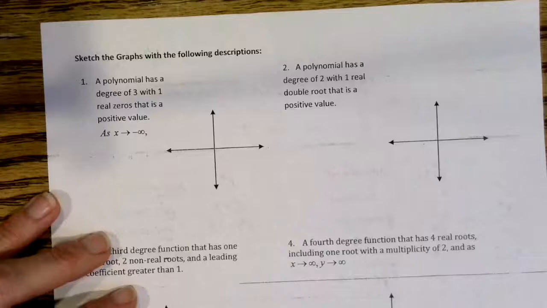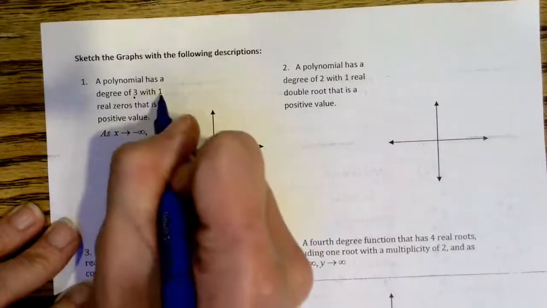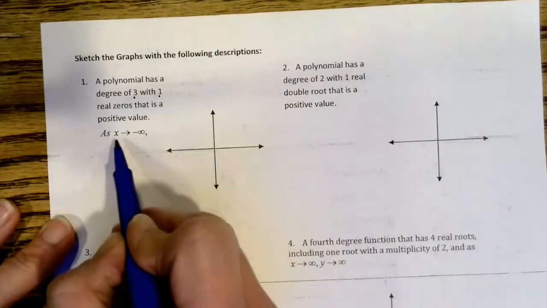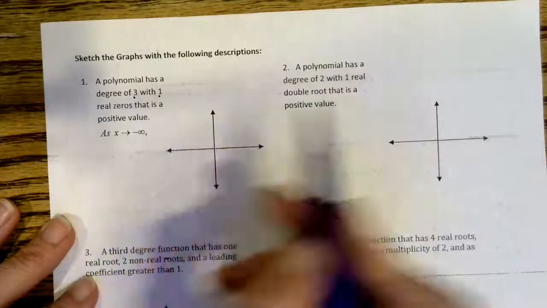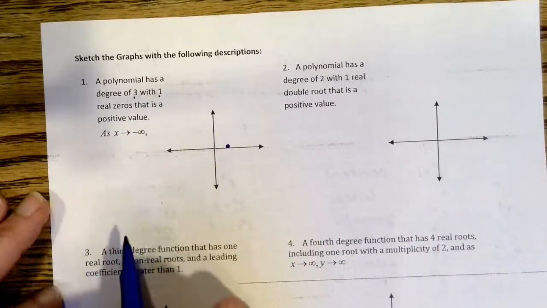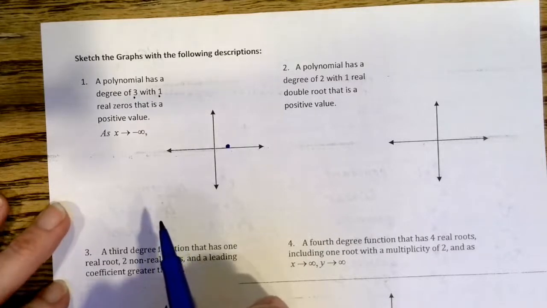All right, let's check out the back. I love these sketching ones. A polynomial which just has a degree of 3 and 1 real zero that has a positive value. So my real zero is positive. I'm going to put that there. As x approaches negative infinity, it doesn't tell me.